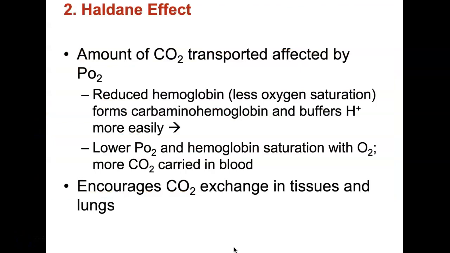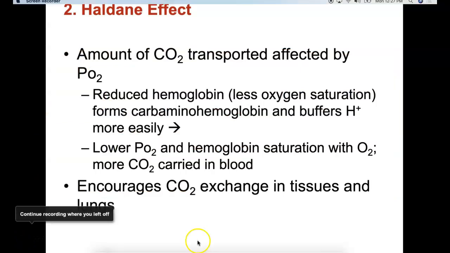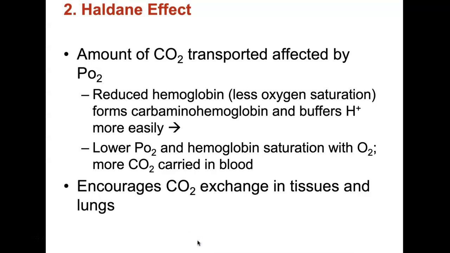The amount of carbon dioxide transported in blood is affected by the degree to which blood is oxygenated. So the lower the partial pressure of oxygen and the lower the hemoglobin saturation with oxygen, the more carbon dioxide that blood can carry. This phenomenon is known as the Haldane effect, which reflects the greater ability of reduced hemoglobin to form carbaminohemoglobin and to buffer the protons by combining with them.